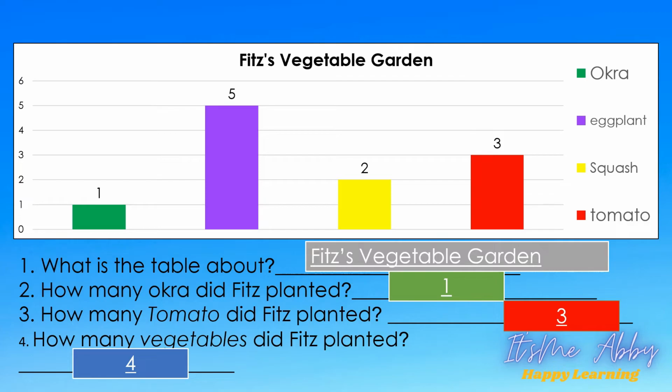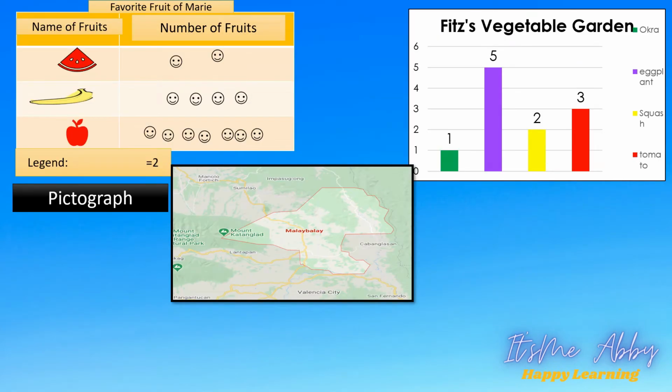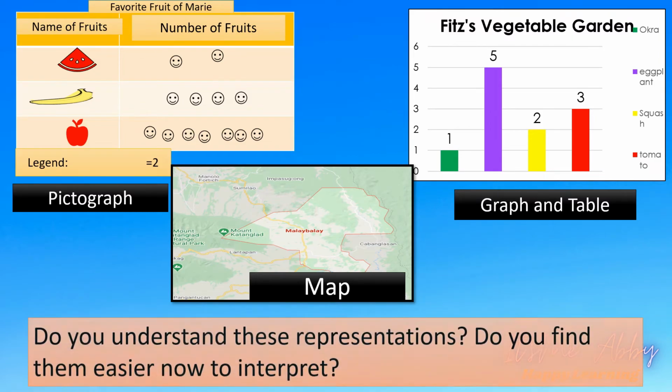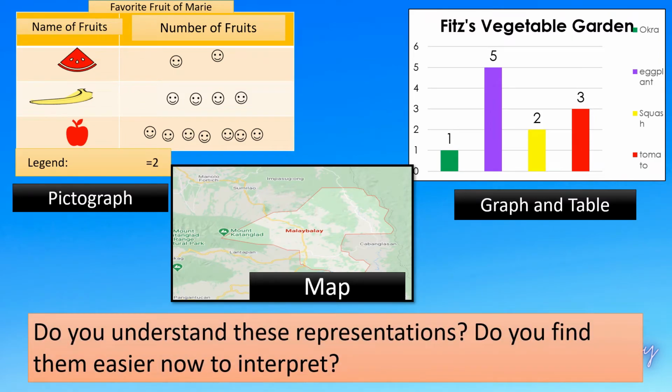You need to keenly observe the data and the graph, and of course, you need to use the legend as your basis in understanding or interpreting the graphs and tables. You have already learned what a pictograph, graph, and table are. So with the map, do you understand these representations now?